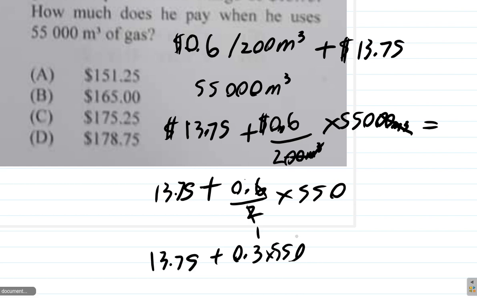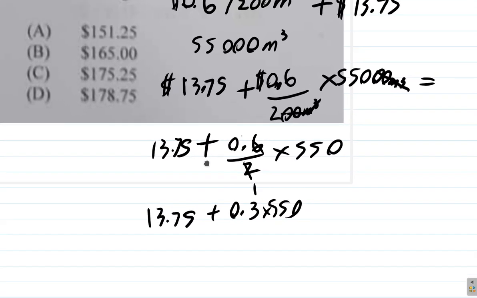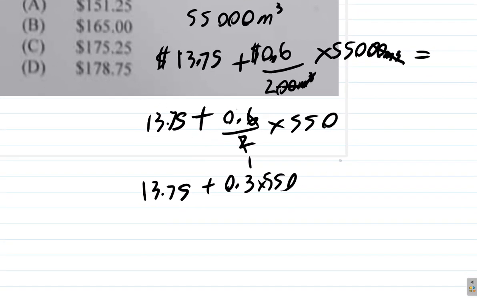So here now, it's going to be 0.3 by 550. Let's multiply this by 10 and divide this by 10. It's like you have 55 by 3.